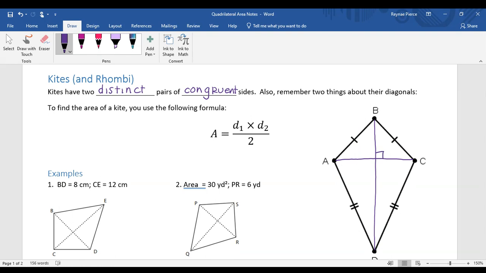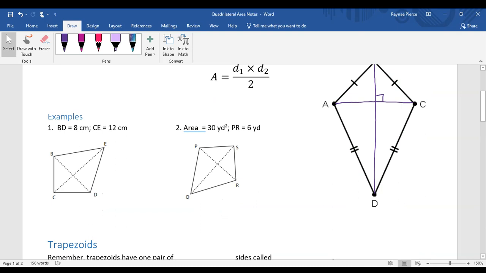I don't really know what two things you were supposed to remember, but do remember that their diagonals are perpendicular.